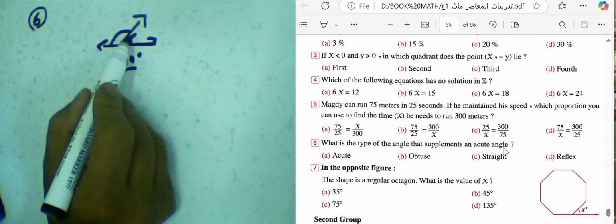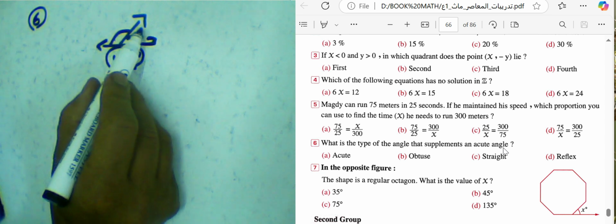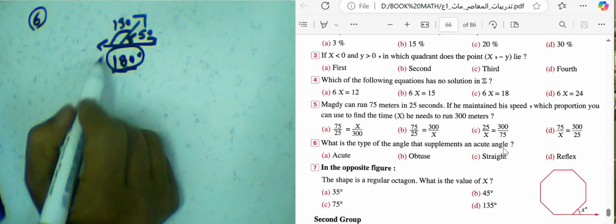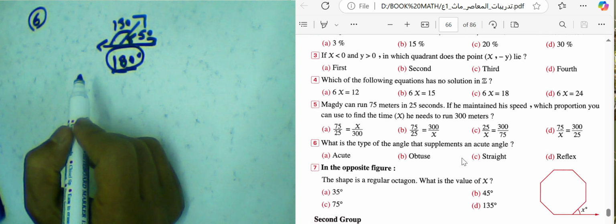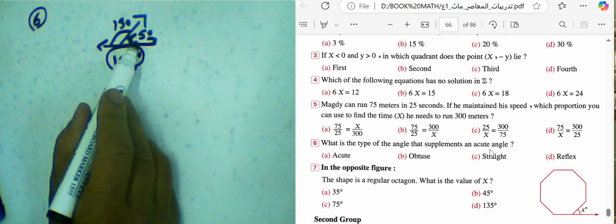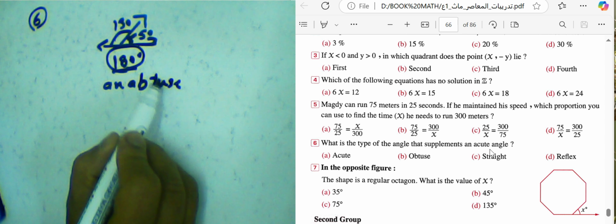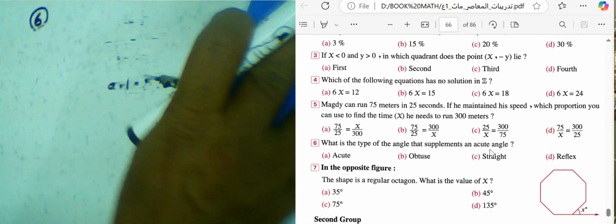I mean, children, the acute angle I have, how much will be added to it to give you 180? For example, if the acute angle is 50, 130 will be added to it. 130 is obtuse. Then it will be an obtuse angle, because the sum of them equals 180 degrees.